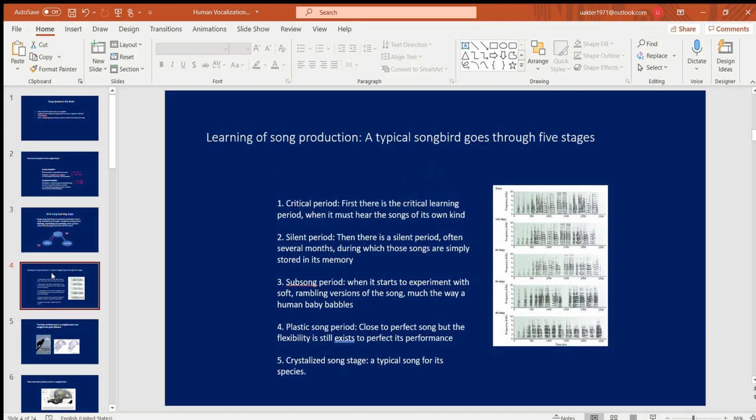Okay, this is the spectrogram you see that is showing the songs of the bird, and there are different stages of song learning. So there are 5 stages. First, there is a critical learning period when it must hear the song of its own kind. That means during the critical period, the pupil or learner would listen to the parent's song. Okay, so that is that period.